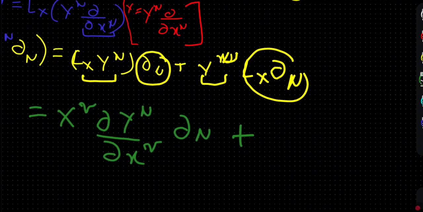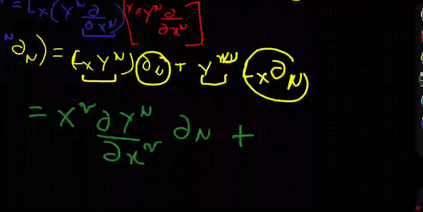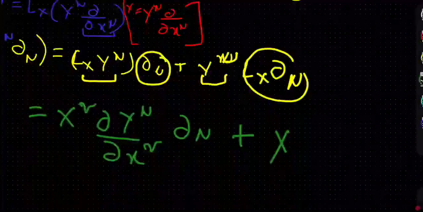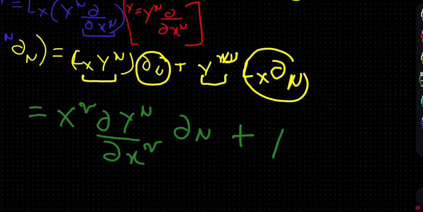So now writing this as y^mu, okay, my writing is not that perfect. Y and then mu, and what will happen if this lie derivative acts on the del mu?